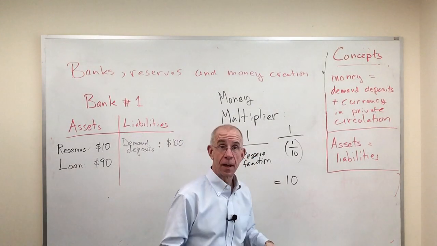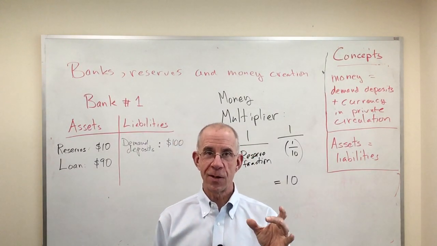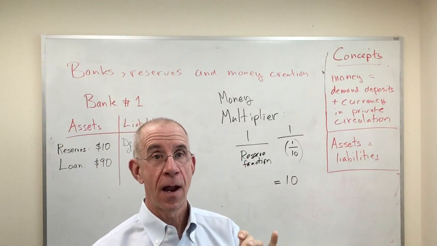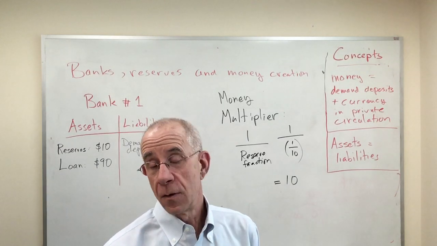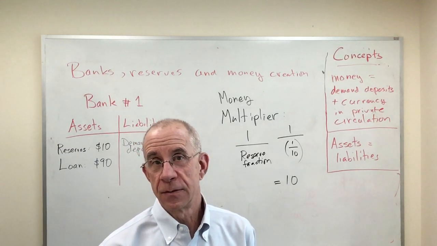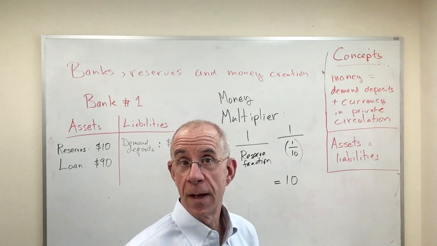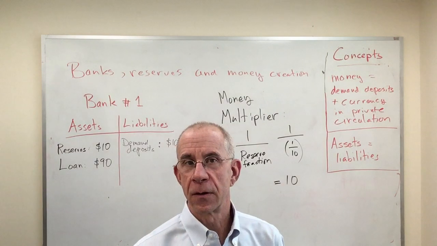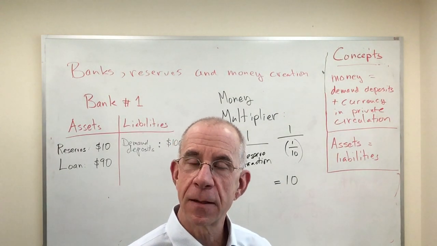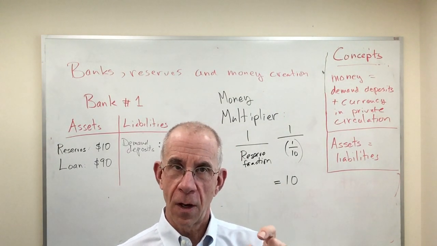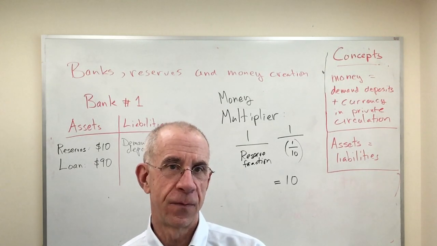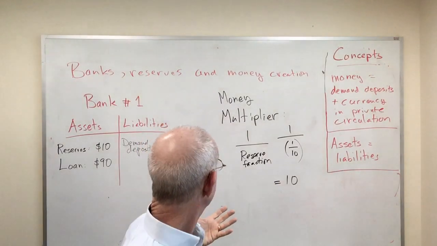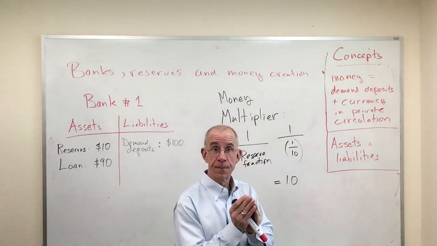This money multiplier depends on how much commercial banks are willing to loan. If they're scared and do not, maybe it's in the middle of a financial crisis, and they're worried about loans getting paid back, or they're worried about their customers coming and asking for their cash back, they may keep a larger percentage of their demand deposits in reserve, in which case this money multiplier would get smaller.